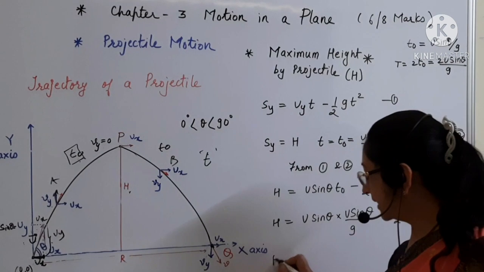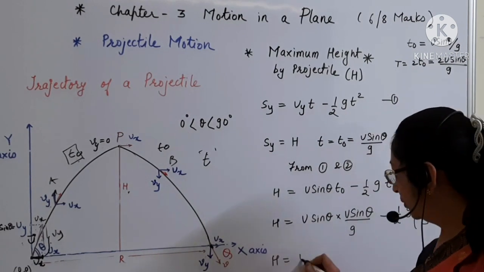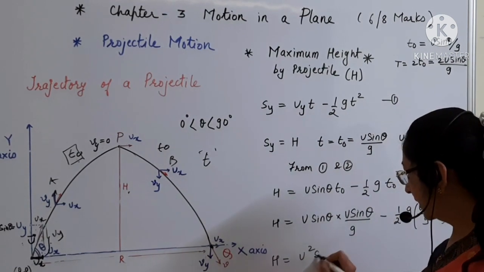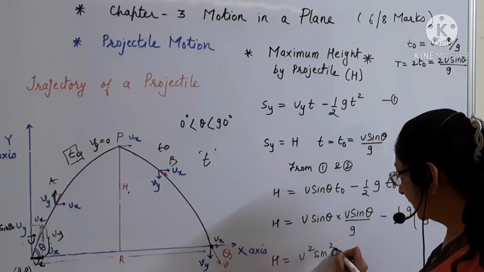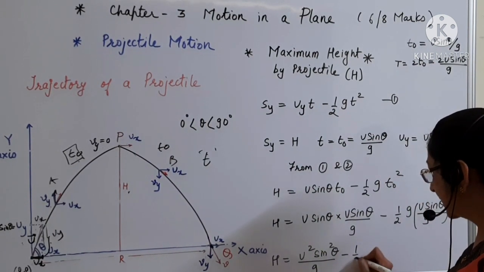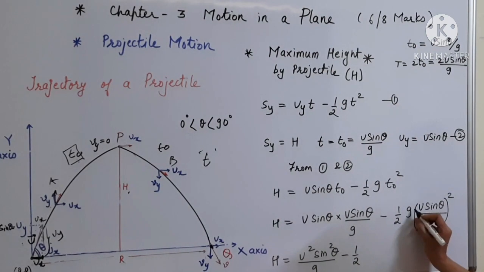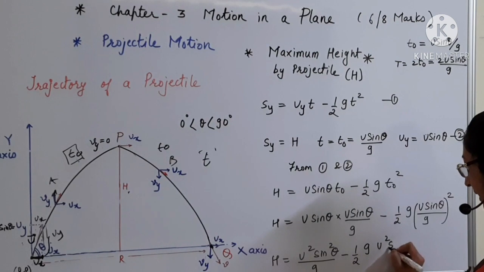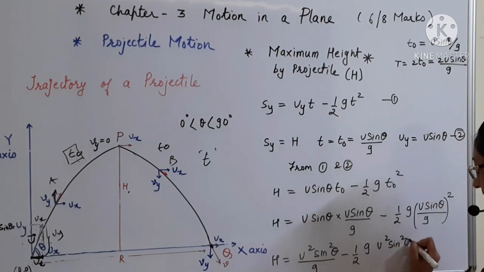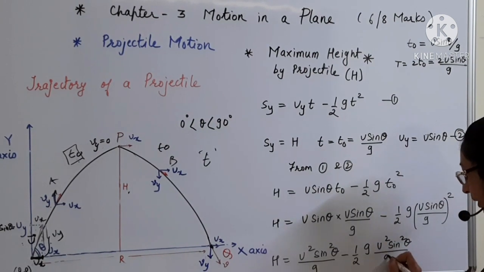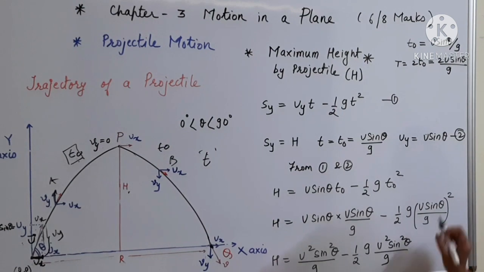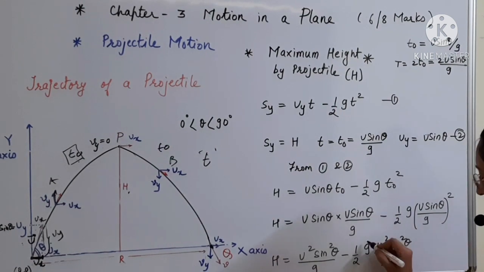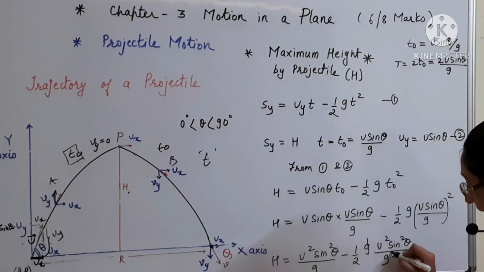So h is equal to u square sin square theta upon g minus half g times u square sin square theta upon g square. So this g cancels with one g.